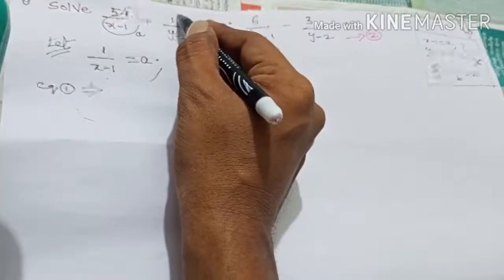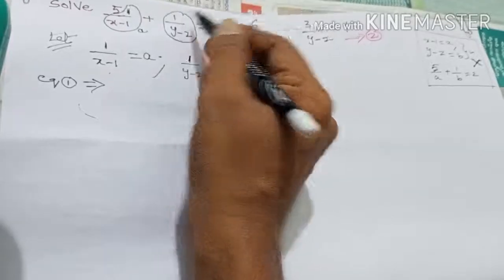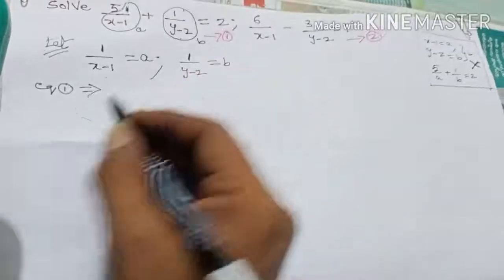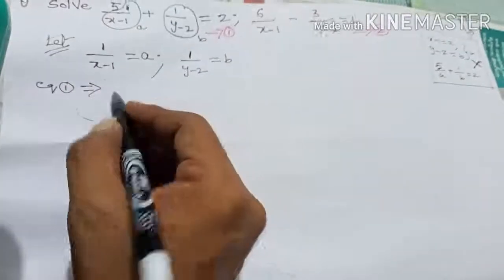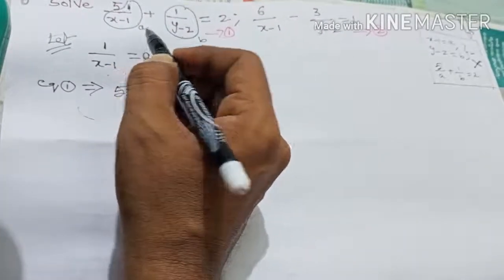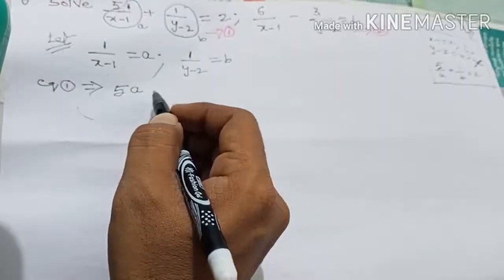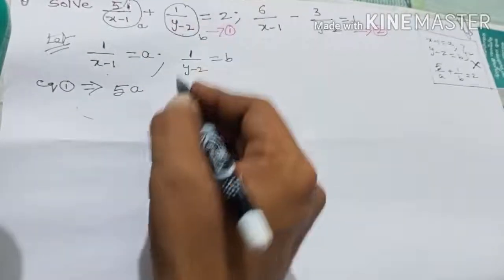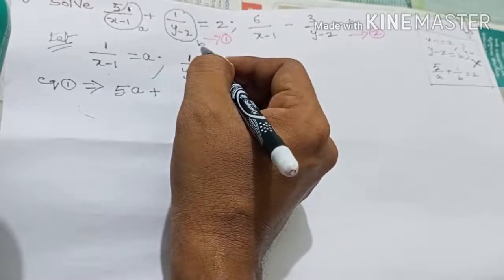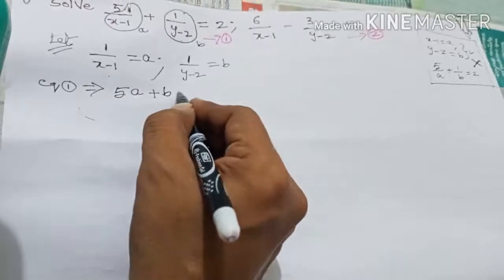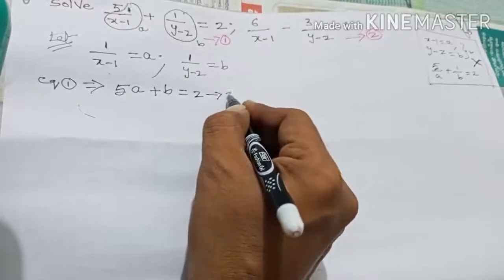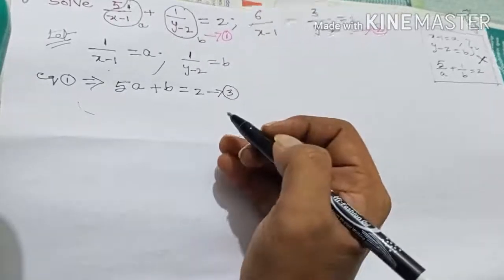Then this 1 by y minus 2 is nothing but b. So equation 1 becomes 5a plus b is equal to 2. You can take this as equation 3.